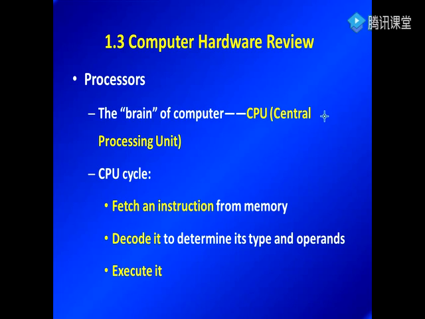We have to understand this concept first. It's called the CPU cycle. In a CPU cycle, the CPU will fetch an instruction from memory, because all the data, code, and anything relevant to the program is stored in memory first. The CPU cannot get anything directly from the disk.